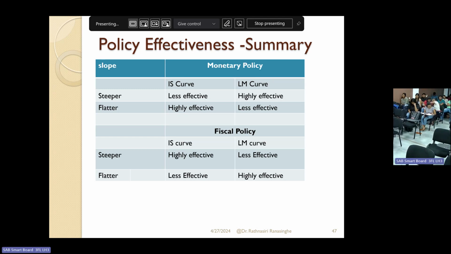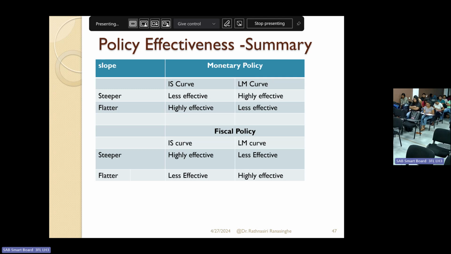Now, due to the expansionary monetary policy, what happened? The central bank raised the money supply, and it shifted the LM curve to the right.